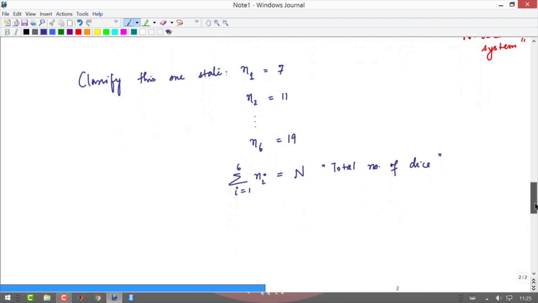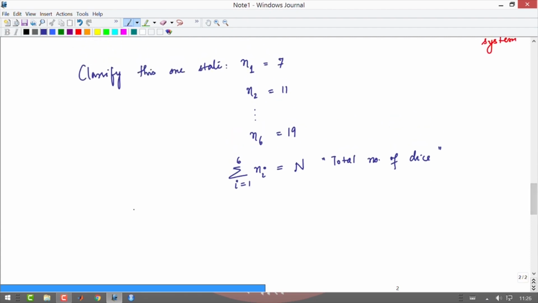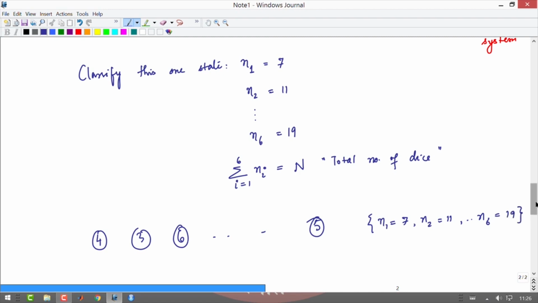But there are many ways in which I can keep these values of Ni's. I can change my microstate such that the first die gave me 4, the second die gave me 3, the third die gave me 6, and so on, and the last one gave me 5, such that I still have n1 as 7, n2 as 11, and so on, the same macrostate.